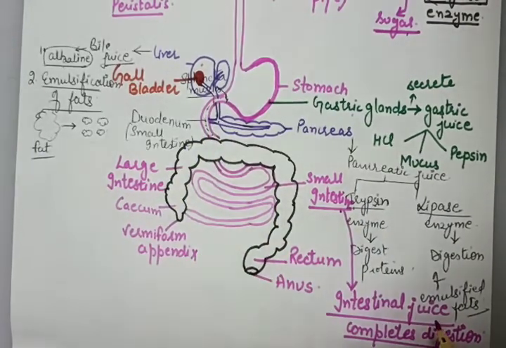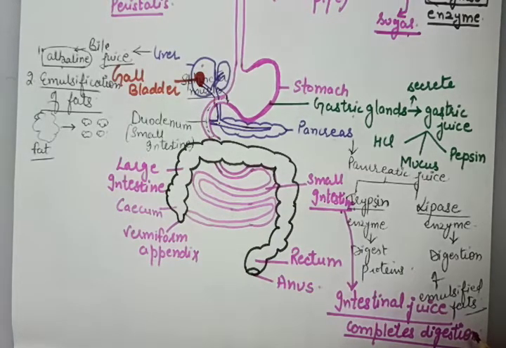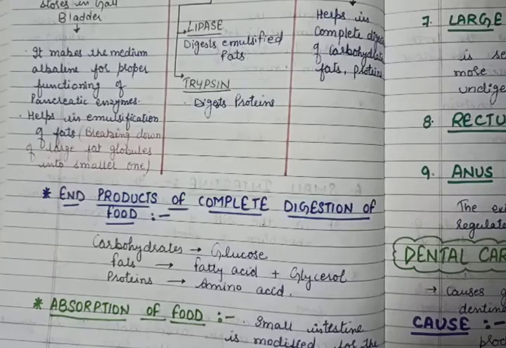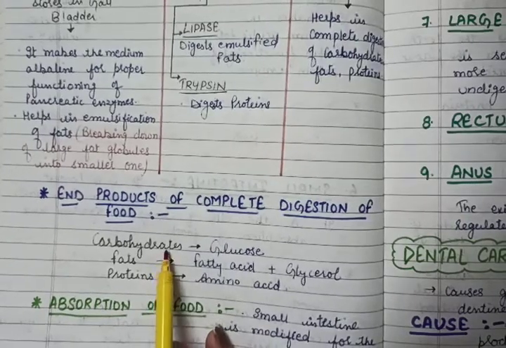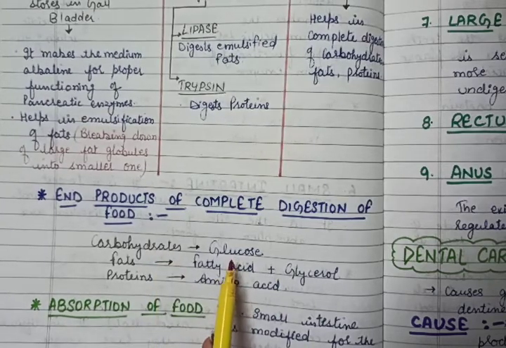So intestinal juice completes the digestion of the food, converting the complex materials into simple ones. At the final stage, carbohydrates are converted into glucose, which is a simple absorbable form.